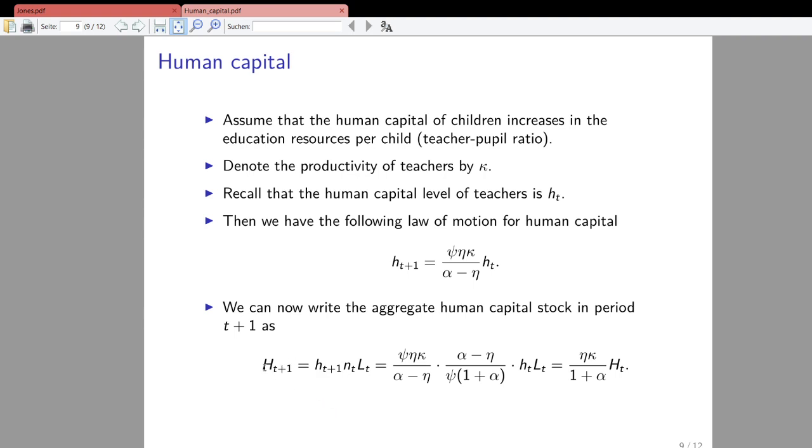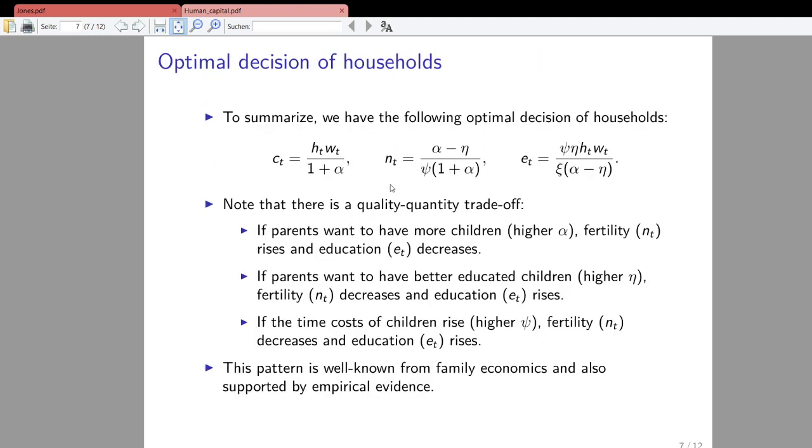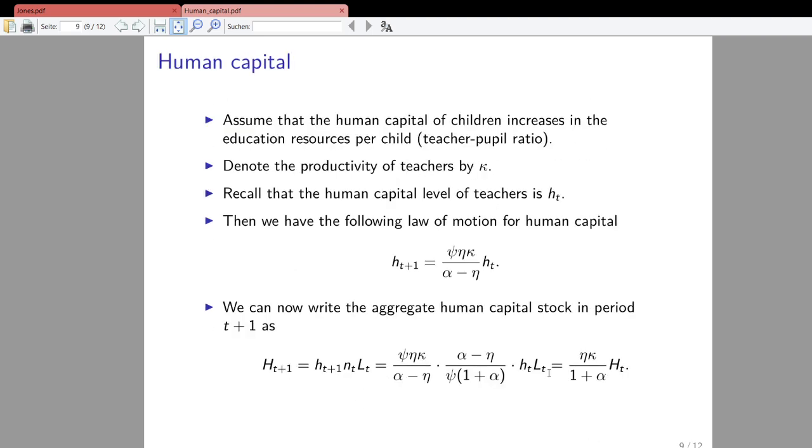And now for this human capital accumulation equation, we plug in the expression that we have here for human capital at time t+1, and we plug in the expression that we've derived for the optimal fertility rate in the household optimization problem, that's this expression here.